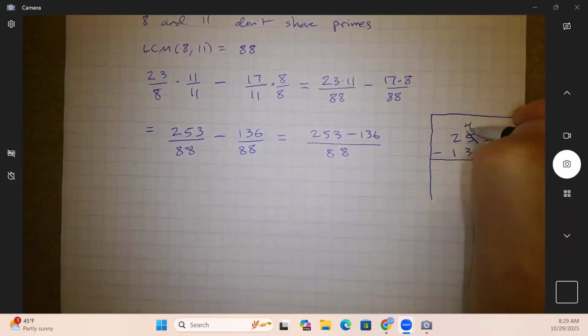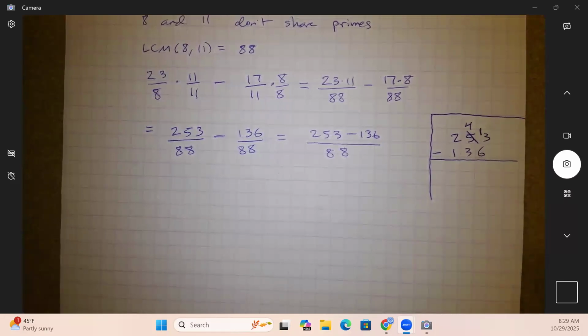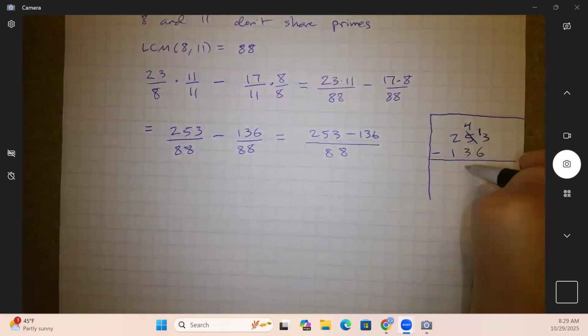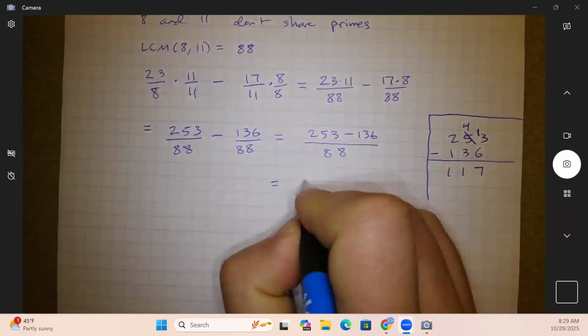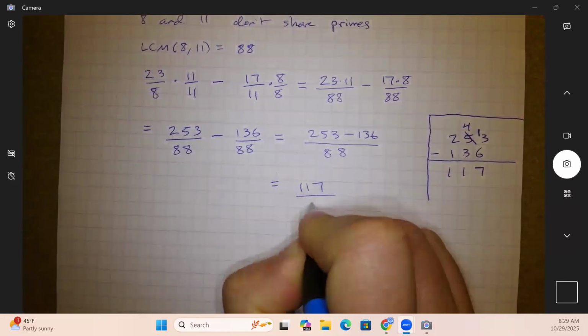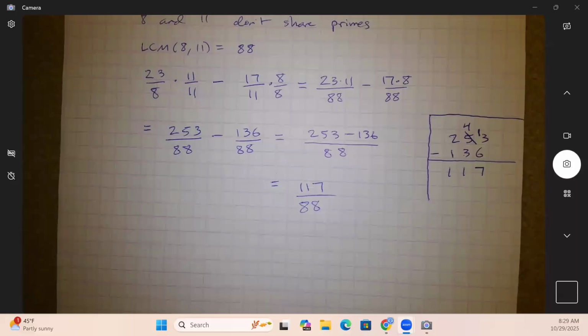So I'm going to borrow one of the 10s from the 50 part of it. And 13 minus 6 is 7. 4 minus 3 is 1. And 2 minus 1 is also 1. And I get 117 when I do that subtraction. So this equals 117 over 88.